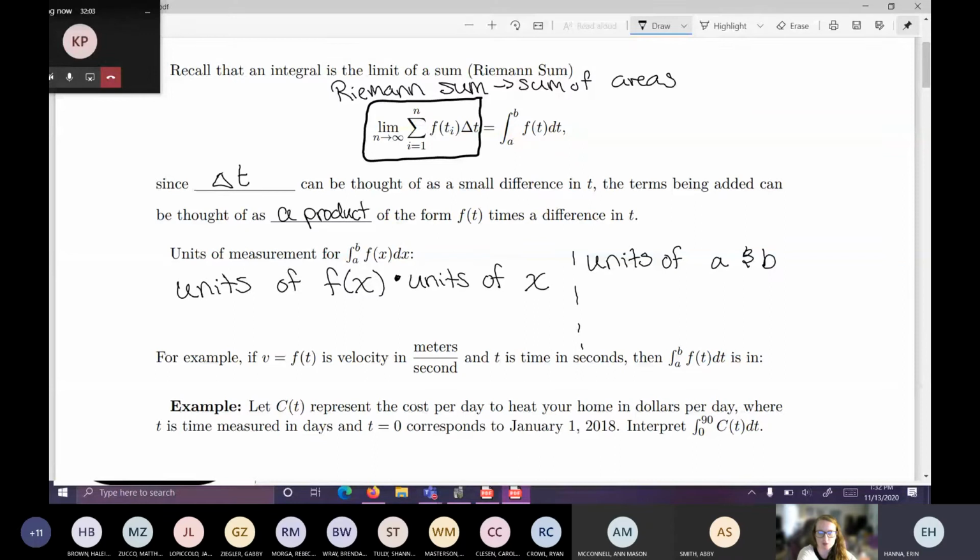If you have an integral with bounds, and remember some of them don't have bounds, the units of a and b are equivalent to the units of, oh sorry, that's not right, of just regular old x. Whatever the units of x are will be the same as the units of a and b.